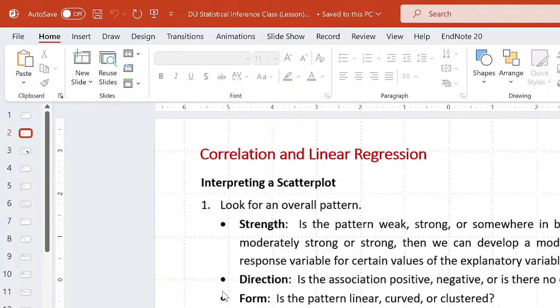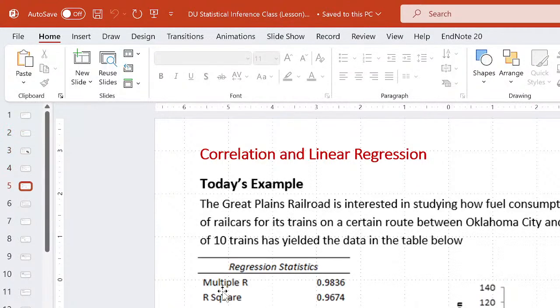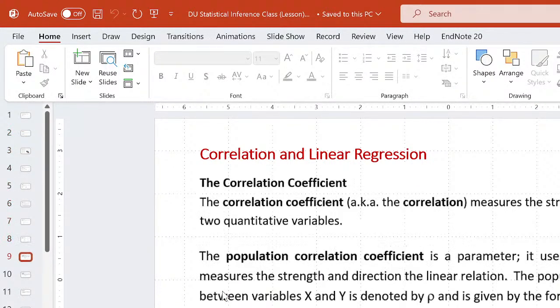Okay, that's part A. Now we get to something called the correlation coefficient, otherwise just known as the correlation. This is a measure of strength. So we have a parameter, your population correlation, that's rho.